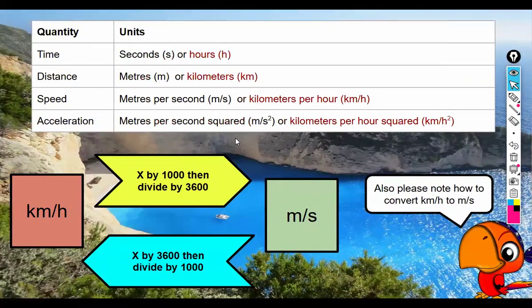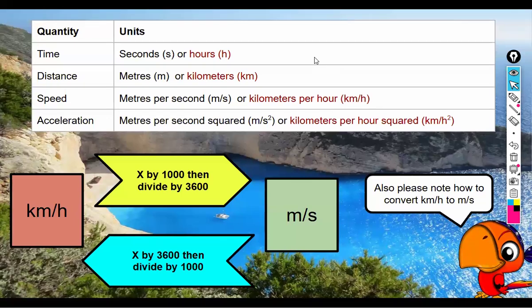Right. So I think everybody knows how to convert basic things like meters to kilometers and whatnot. That was done in primary school, right? And how to convert time to seconds, from seconds to hours, or hours to seconds, or to minutes and whatnot, right?